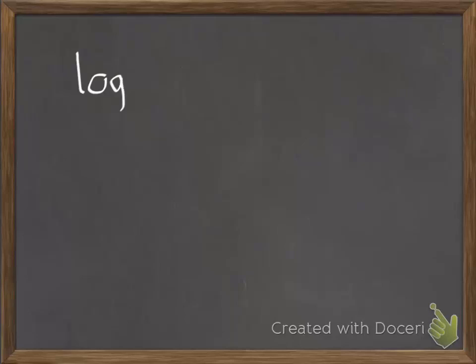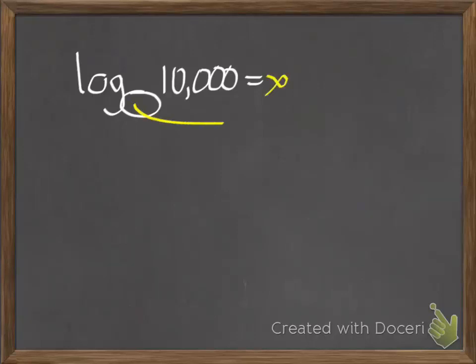Log with nothing written down here of 10,000. If we're evaluating this, we're going to go ahead and put the x here. So we're going to fish it, but we don't have anything to fish it with. Anytime this is the case, this number is always 10. So anytime you have nothing written down there and it's log, you do log base 10.